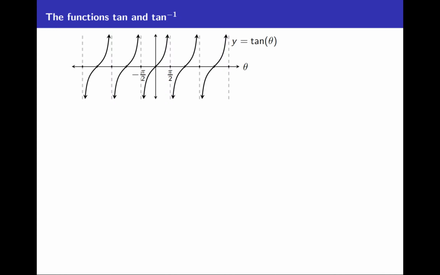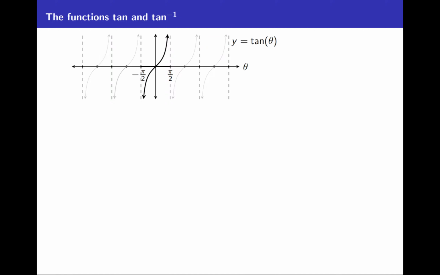Let's begin by talking about the functions tangent and tangent inverse. I've drawn for you here a picture of the graph of tangent theta. Of course, this function is not one-to-one. A horizontal line will cross that graph infinitely many times. So we can't expect an inverse of the function tangent theta.